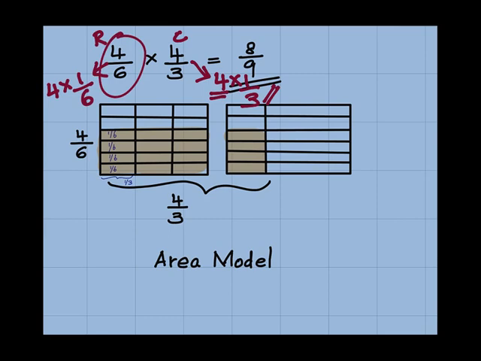The first fraction 4/6 is labeled here on the left, because when you see 4 rows is shaded and the number of rows is 6, right? So 4 rows is shaded and the total number of rows is 6.